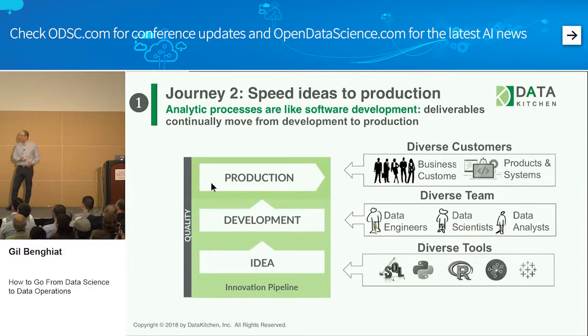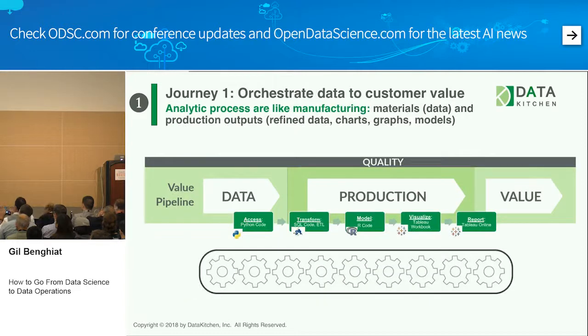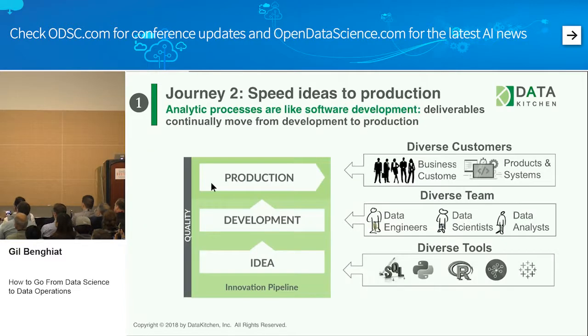The second journey is speeding ideas into production. So you have this pipeline, we call it the value pipeline. It's a data pipeline, and you need to iterate, so you need to make changes to it. The second thing to automate is having an idea.